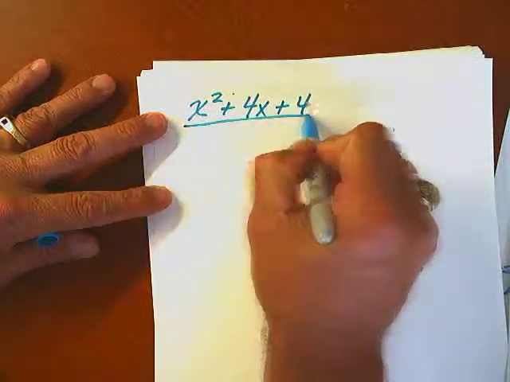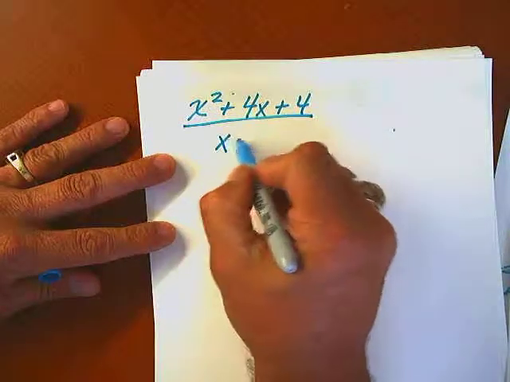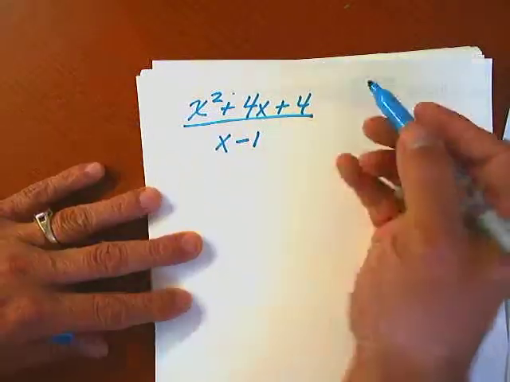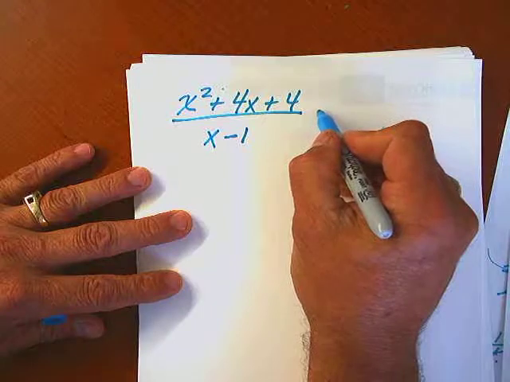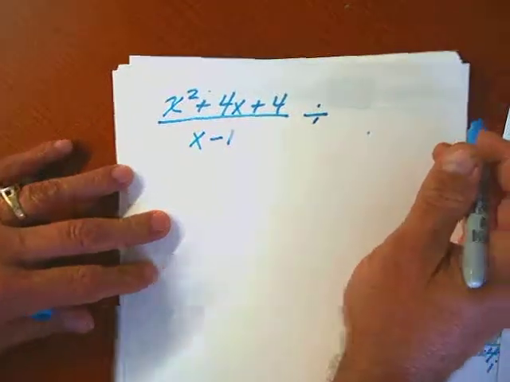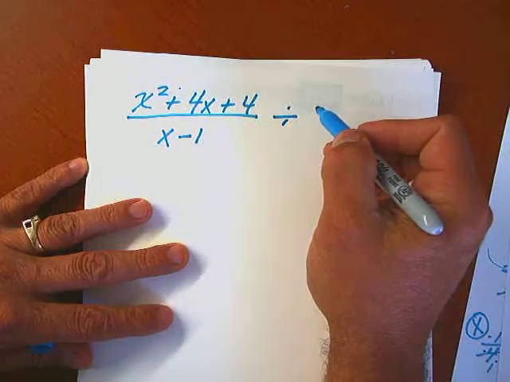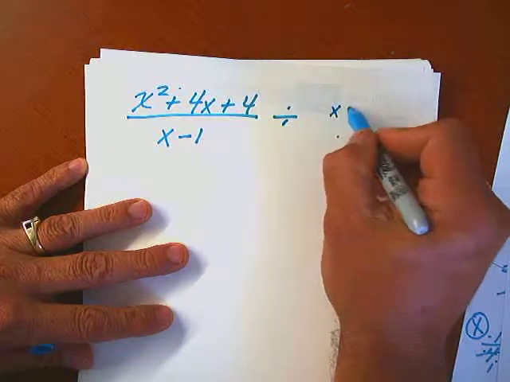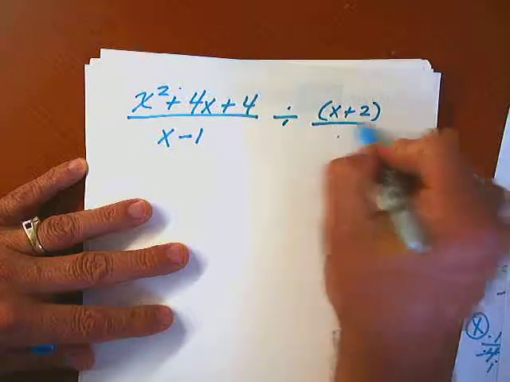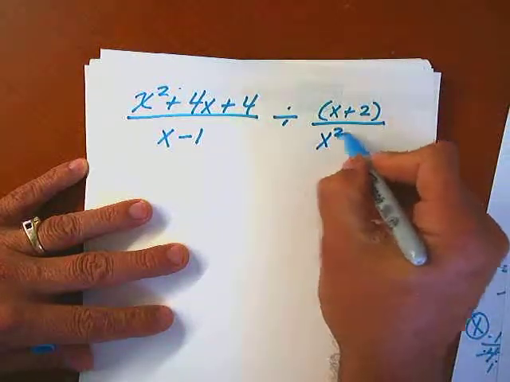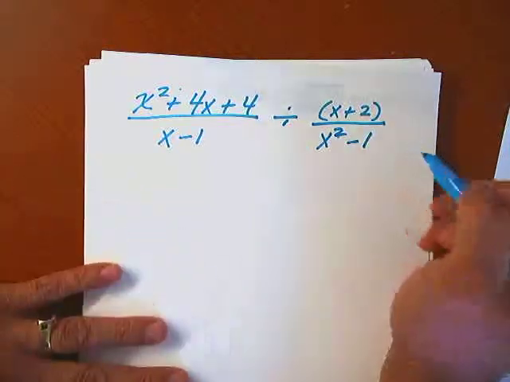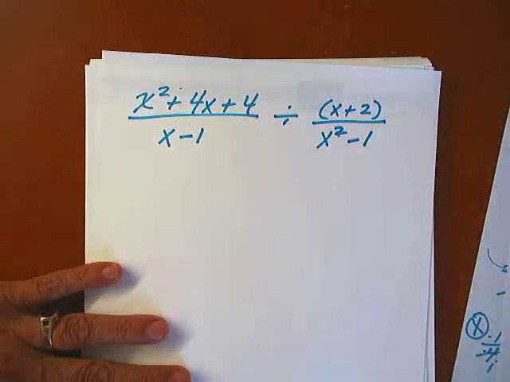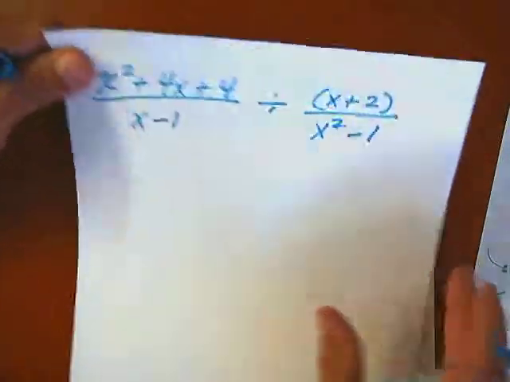So, x squared plus 4x plus 4 over x minus 1 divided by x plus 2 over x squared minus 1.